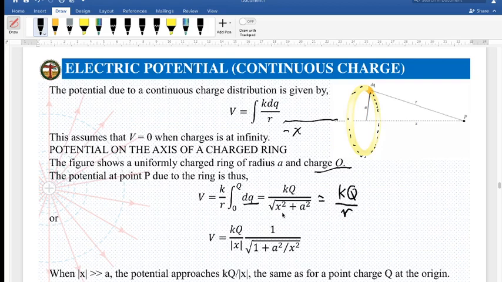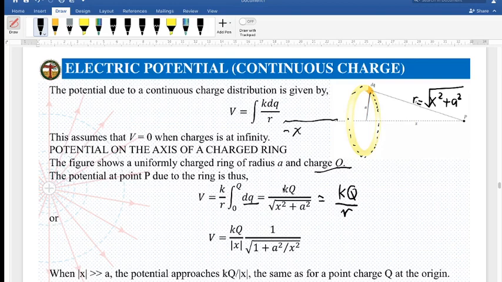But we need to find the value of r, the distance from our dq to point P, which can be found using the Pythagorean theorem. So r here is actually the square root of x squared plus a squared. So you can have this expression.